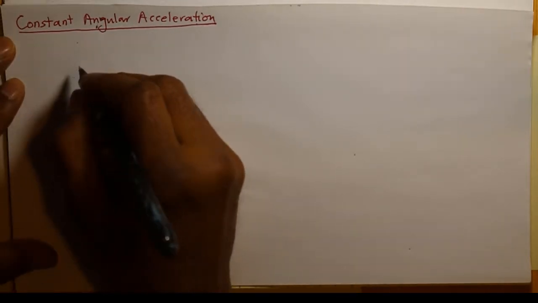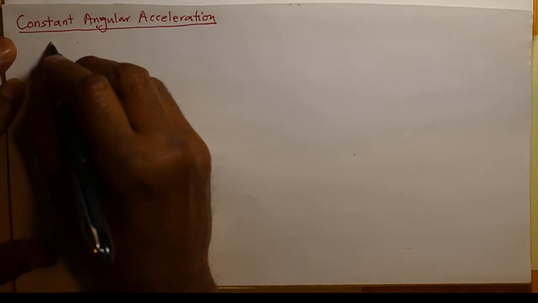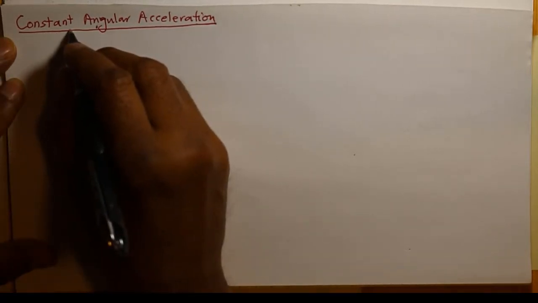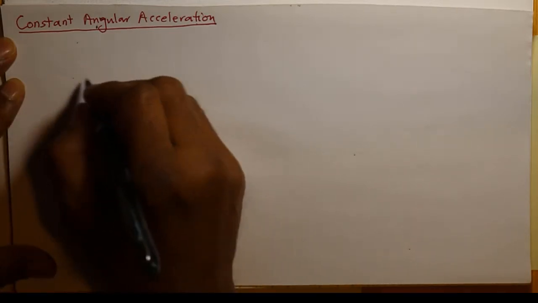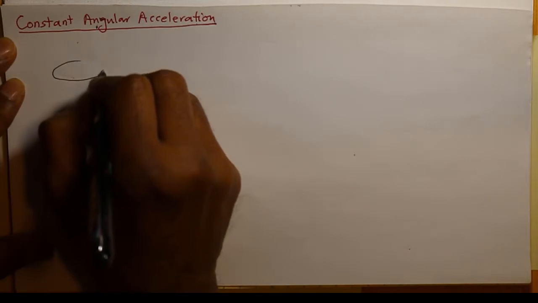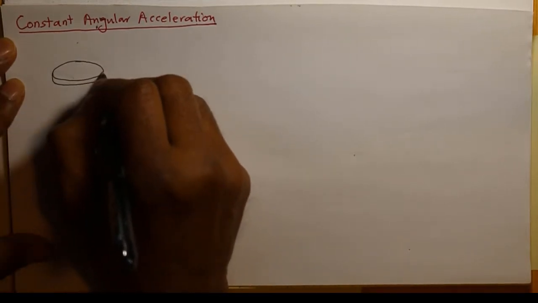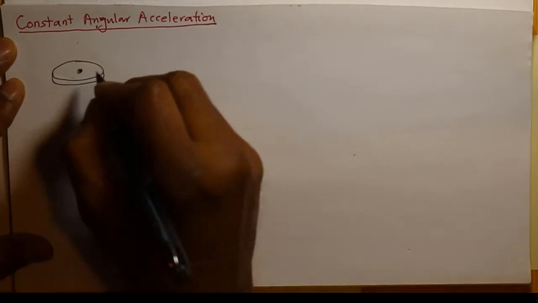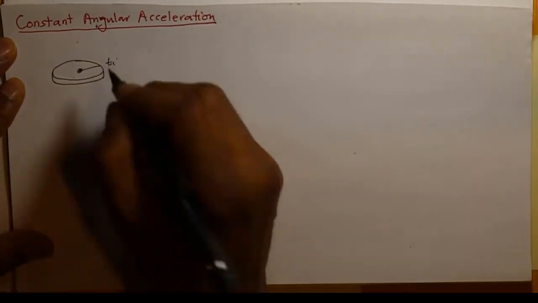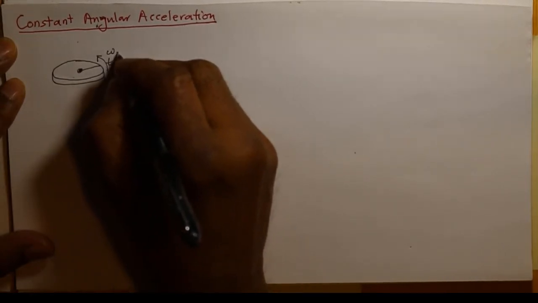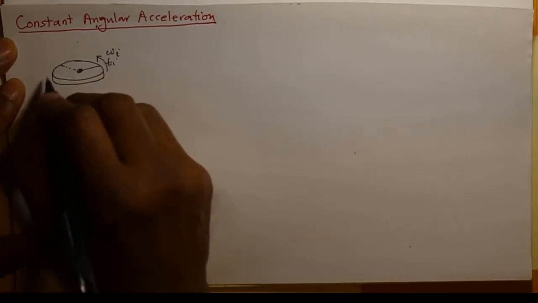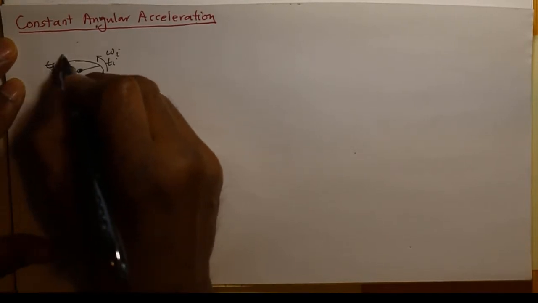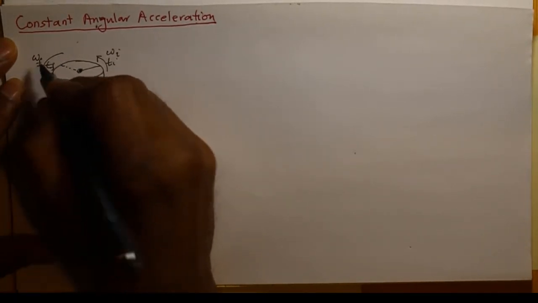Constant angular acceleration means the direction of angular acceleration is the same. Say I have a situation in which at some instant ti the marker is this way and is going at omega i, and at some other instant tf the marker is here, and the speed at that point is omega f.